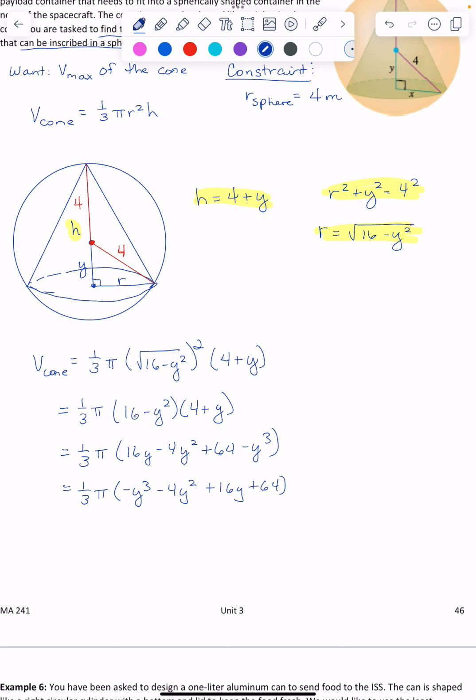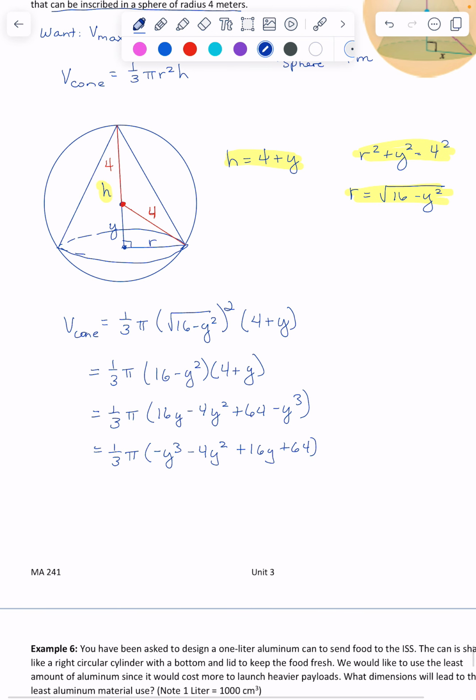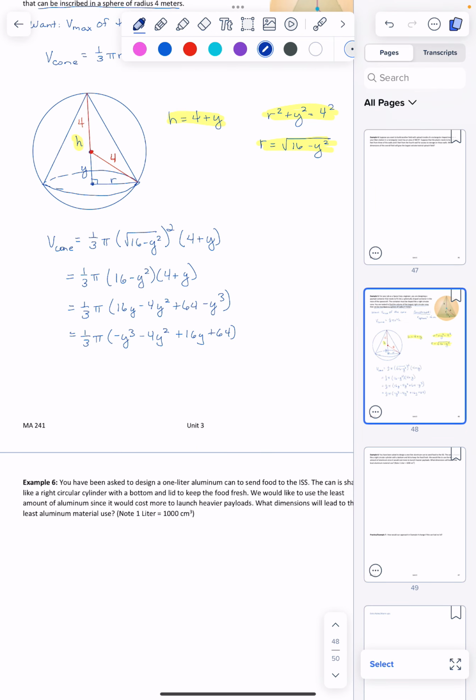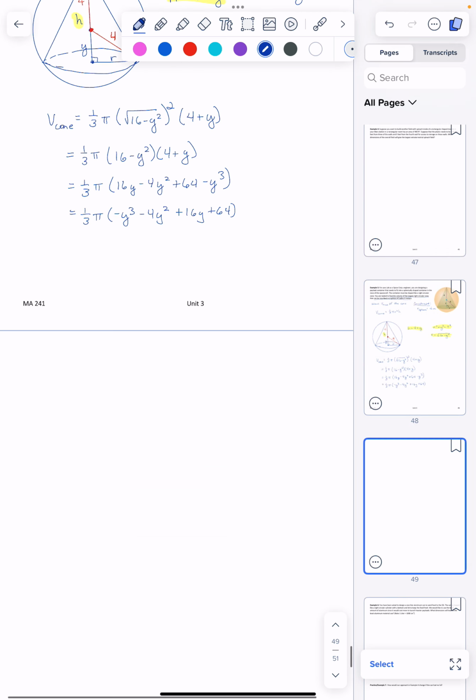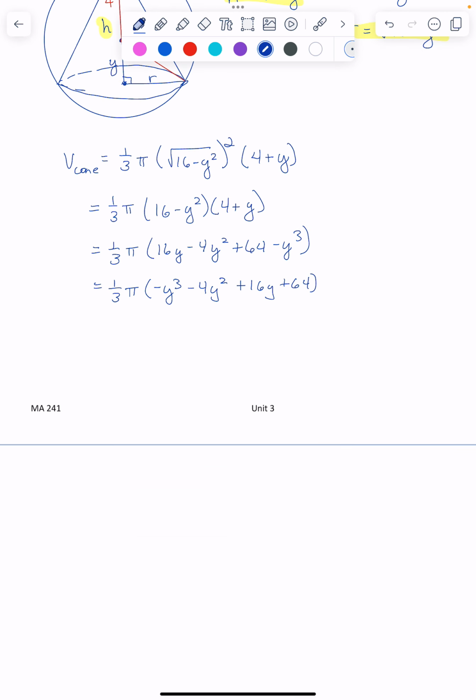All right. So now I can actually look for my critical points. Let's go ahead and look for our critical points. What I'm going to do real quick is just add a page so that we have enough room if we need it. Okay, so if I want to find my critical points, remember what I'm looking at is V prime for my cone, my derivative, and I'm going to set it equal to 0.